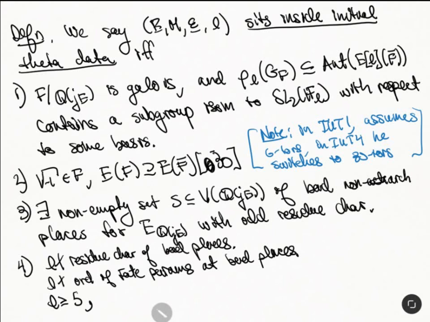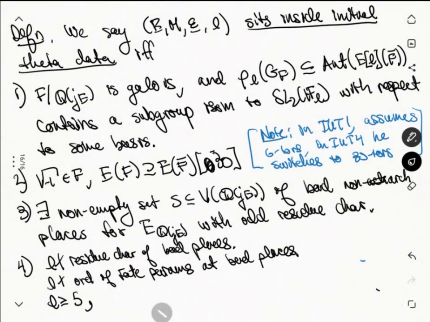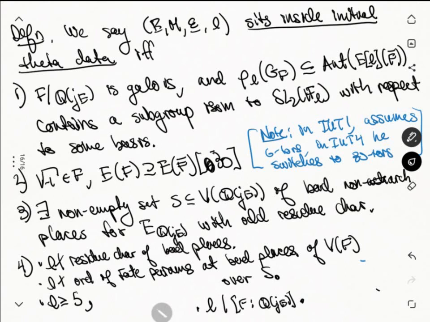So order of Tate parameters at bad places of V of F over S. Okay, and L, finally, 1, 2, 3, L does not divide the degree of F over the field of moduli. Okay, so there's these 4 conditions.